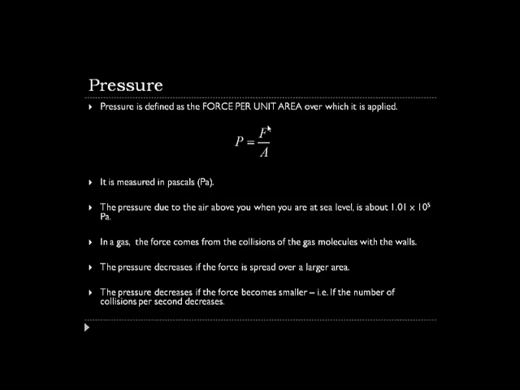It'll also become smaller if the kinetic energy that the particles have on average becomes smaller, because the energy imparted to the wall will be smaller if the particles are moving less quickly. The force that's applied to the wall will become smaller if the kinetic energy is smaller.